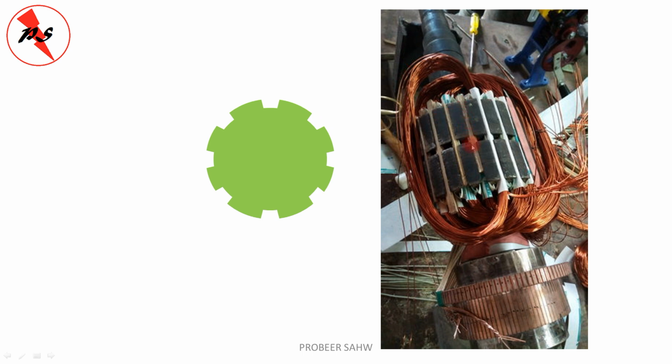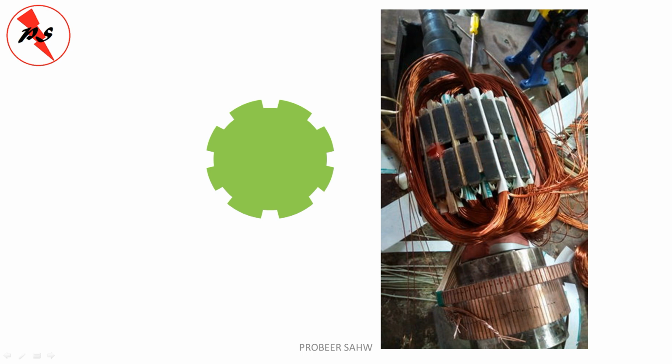So these are the slots on the outer periphery of the rotor, in which we can see armature windings. What are windings? These are connections of a number of coils of wires. What are coils? Coils are a number of turns of wires.